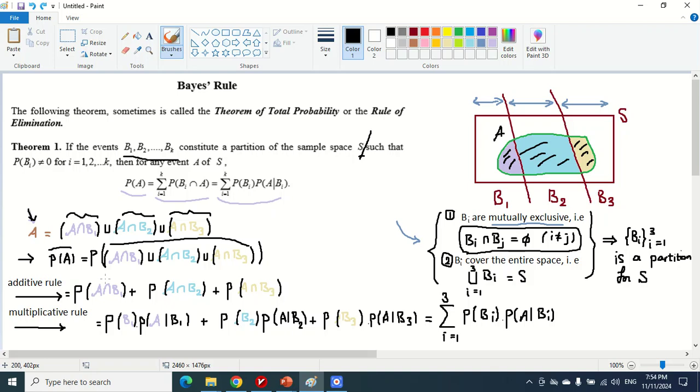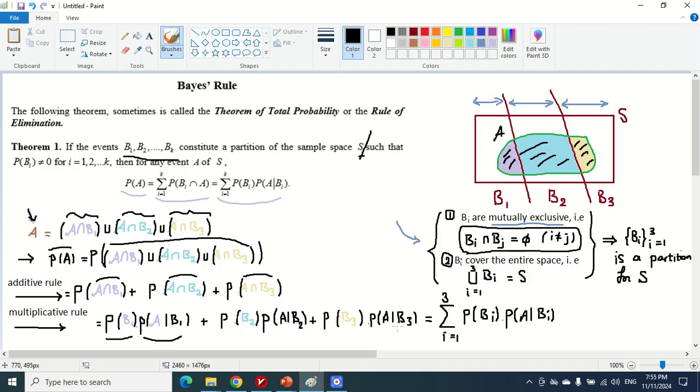And we have the intersection of two sets in each probability. So because of that we can use the multiplicative rule, and again we can rewrite them as a probability of one of them. For instance, the first one is the probability of B1 times the probability of A, in a condition that B1 has been given.